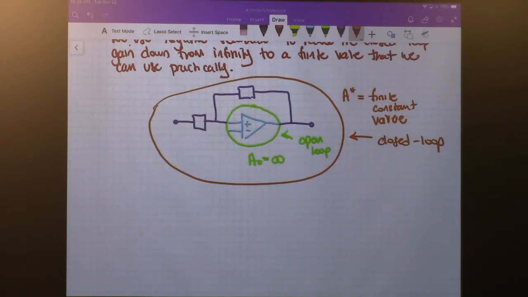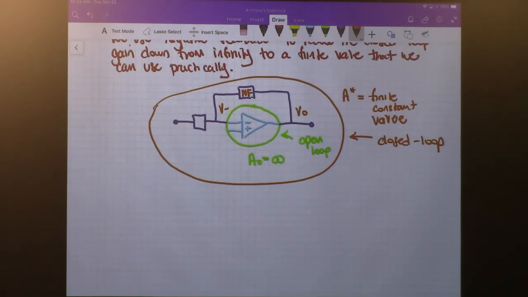When we talk about a closed loop configuration, that is the amp with external components. Since we said negative feedback, that implies, right, that we're tying V out back to V minus. And so you can see here, this is the negative feedback path.